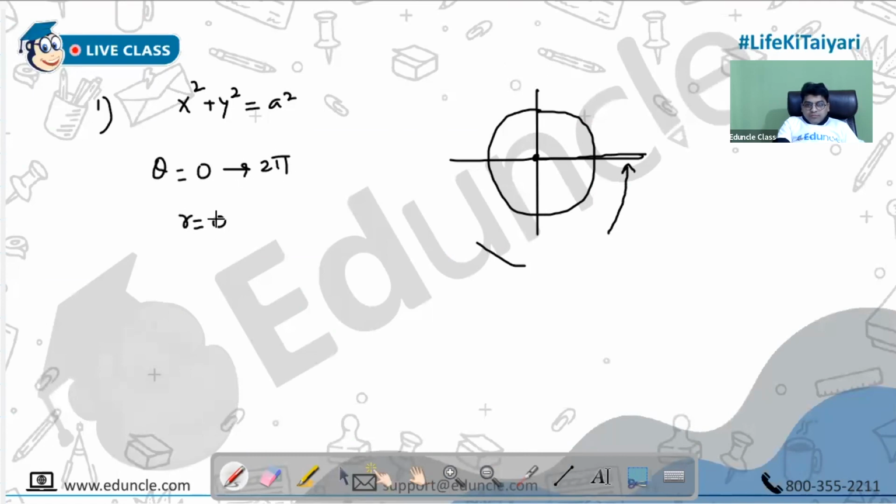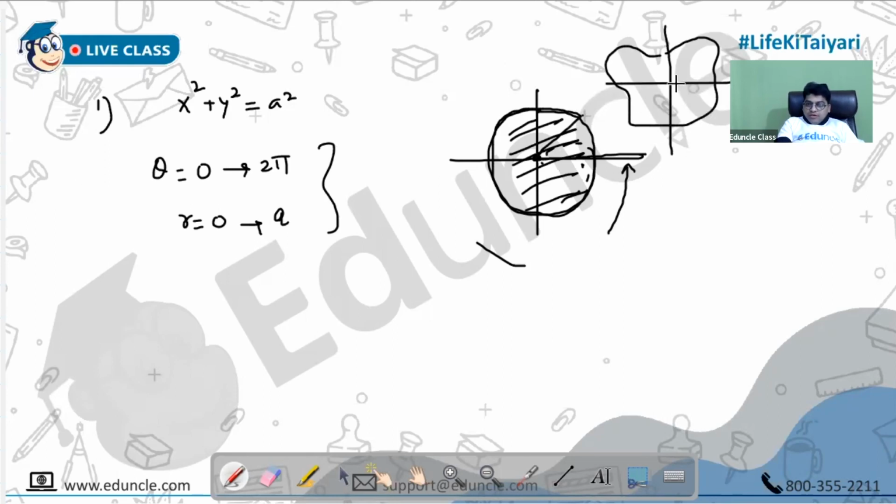For r, from 0 to the curve, is there any change? There is no change. So r is equal to 0 to a only. There is no changing, because the radial information is not varying. If the curve is varying, that will depend on theta. Here that is not depending on theta. r is equal to 0 to a only. Yes or no? Is this clear, Khushbu?